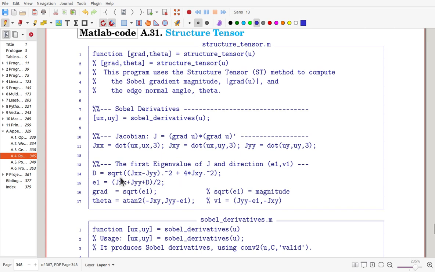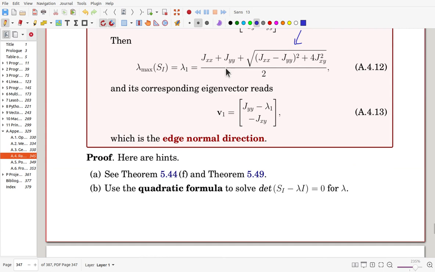Okay, we have here discriminant, after taking square root, is this saved in D, and the large eigenvalue is made in this way. Look at here the mathematical formula.